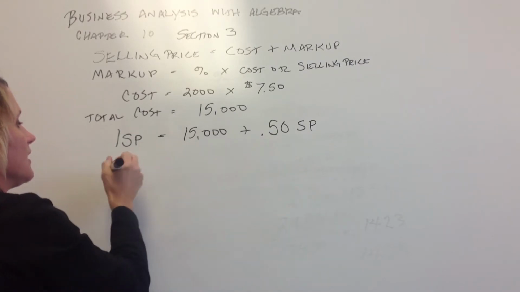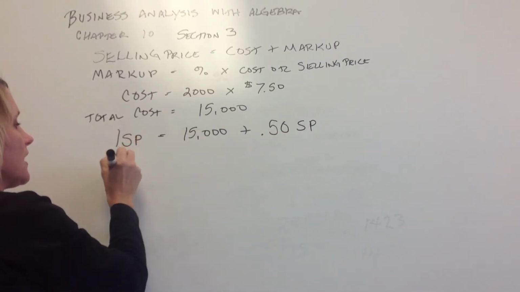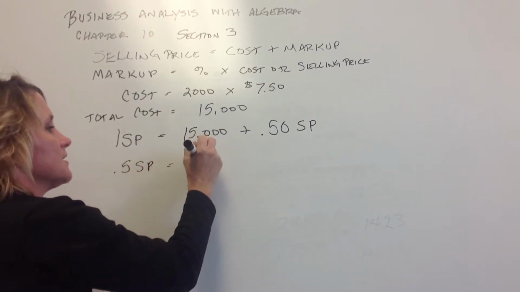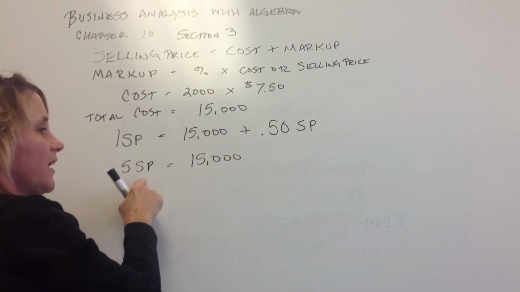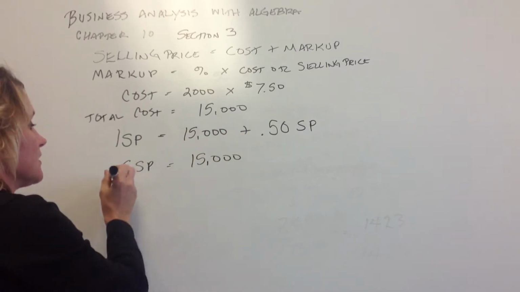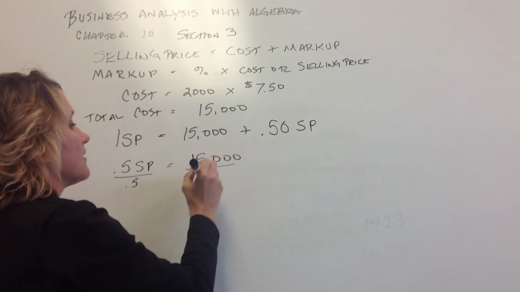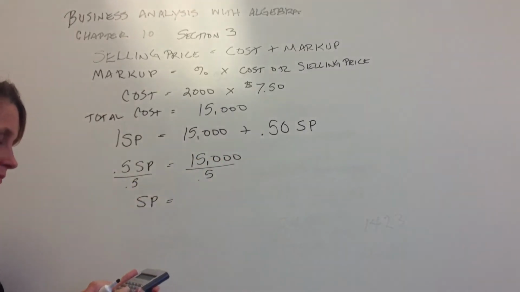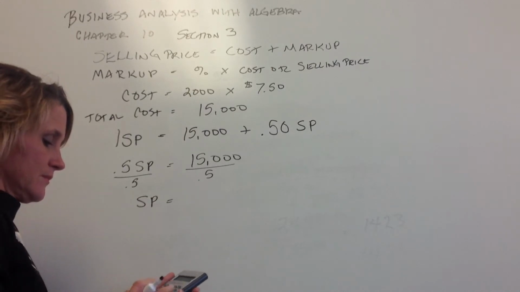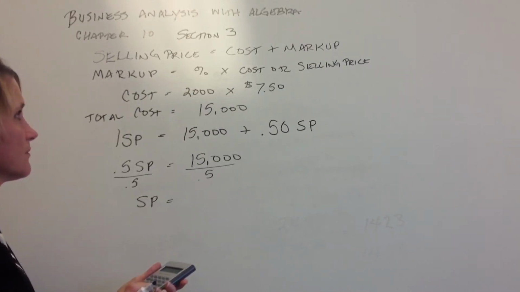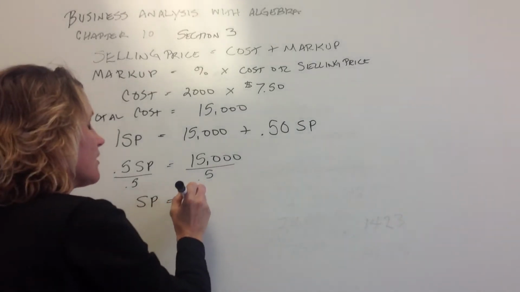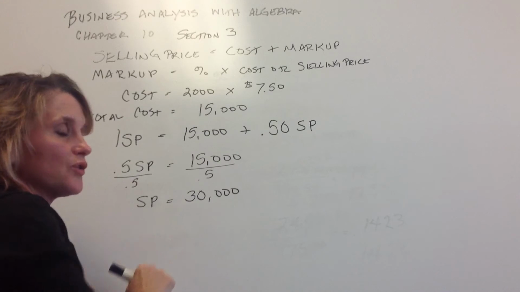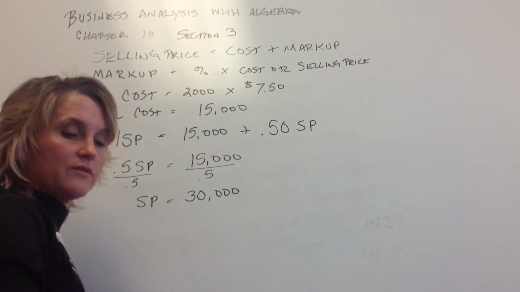When I simplify, I'm left with 50% of my selling price, or 0.5 selling price, equal to 15,000. Now I divide both sides by 0.5, and I get a selling price of $30,000. So they want to make $30,000 when they sell all of these hats.